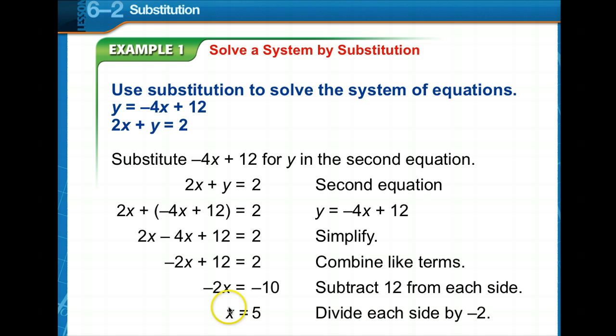Now that we have the value of x, we can substitute in this value of 5 for either one of these x's. Now since this one is solved for y, it would make more sense to substitute 5 for x in this equation. Then we'll know what y is equal to without doing any more moving.